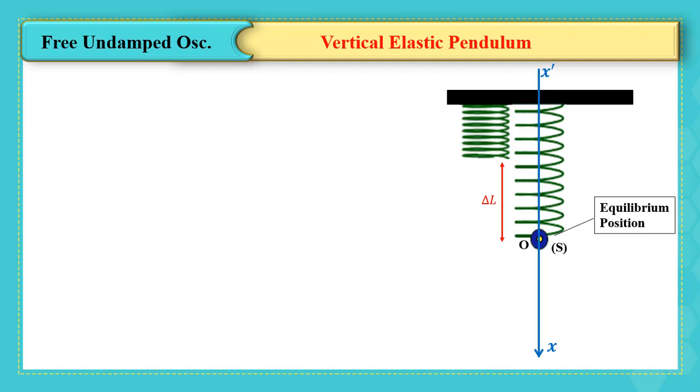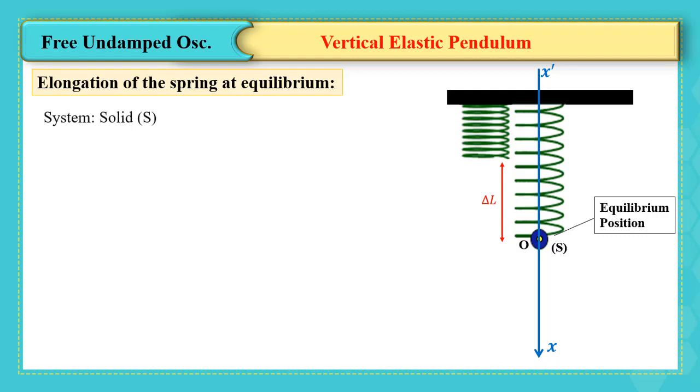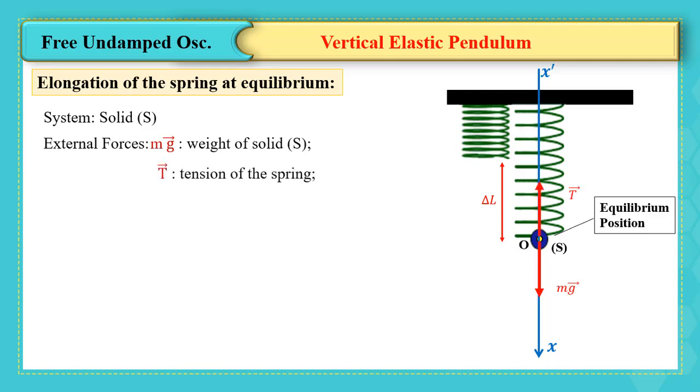We aim to start the study from the equilibrium position and find the elongation of the spring delta L at this position. As usual, first we should define the system, which is solid S. What are the external forces acting on it? We have weight, mg, which is vertically downward, and the tension of the spring, which is upward since it's a restoring force. At equilibrium, we can start with the sum of forces equals 0.